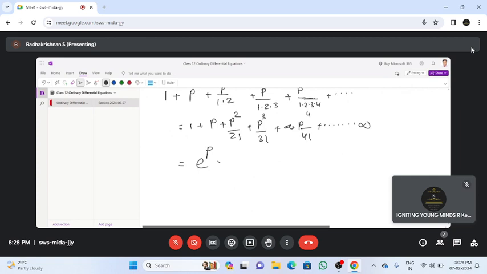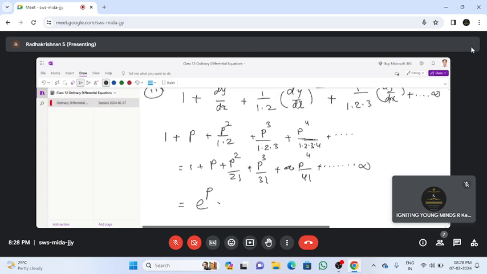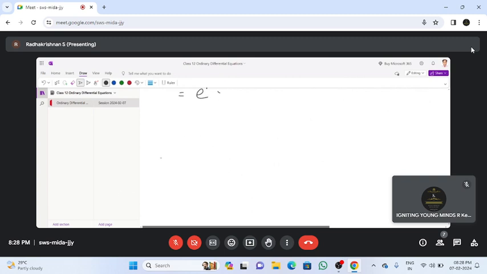E is equal to 1 plus 1 by 1 factorial plus 1 by 2 factorial. E to the power of p will be 1 plus p square by 2 factorial, and goes like that to infinity. So this expression becomes 1 plus e to the power of dy by dx. That is the expression. Okay.